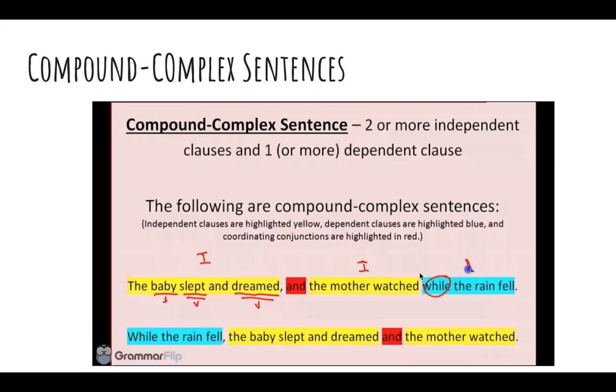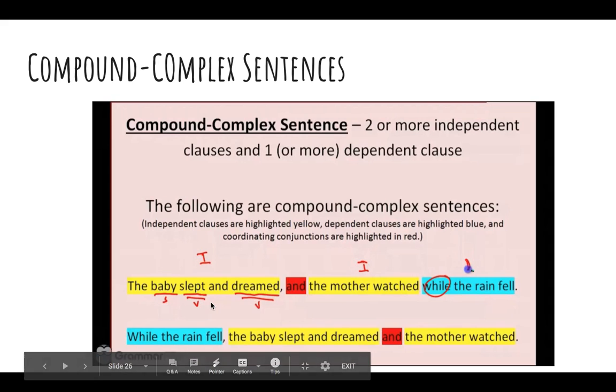And then we have compound complex sentences. Compound complex sentences are two or more independent clauses and one or more dependent clauses. The following are compound complex sentences. The baby slept and dreamed, and the mother watched while the rain fell.